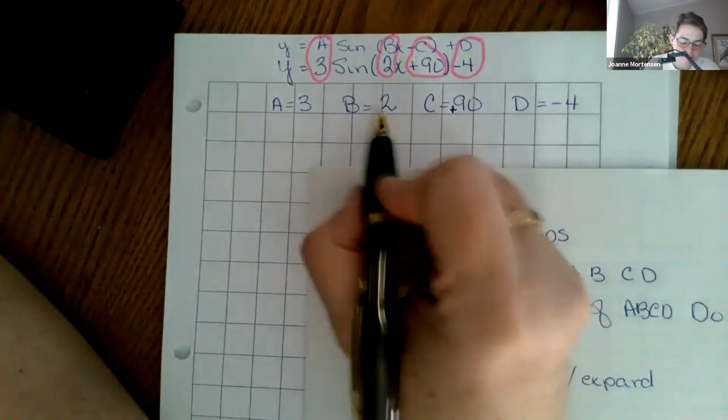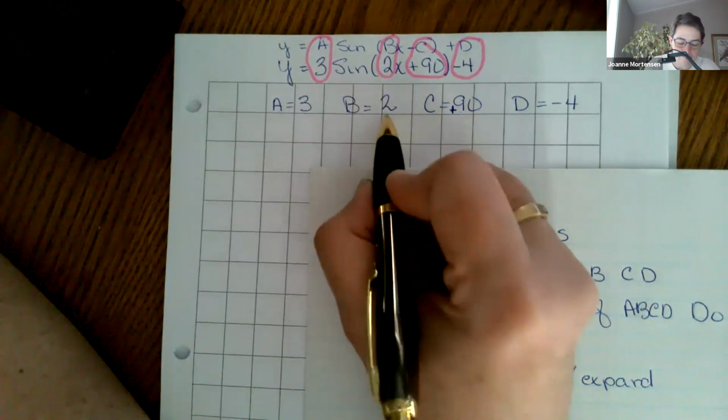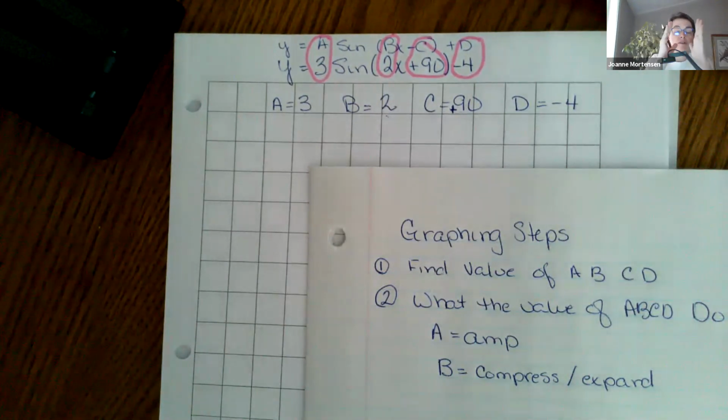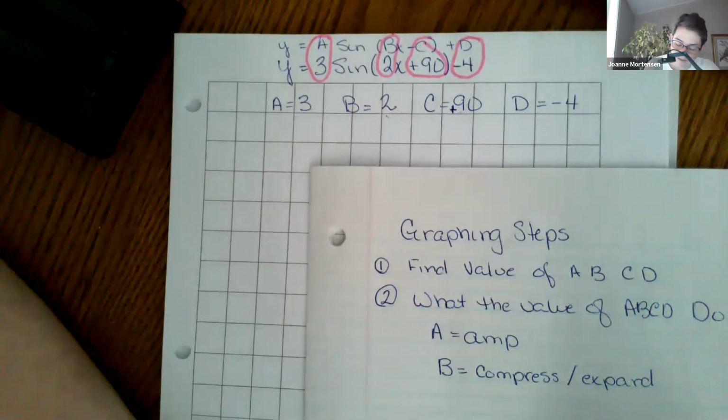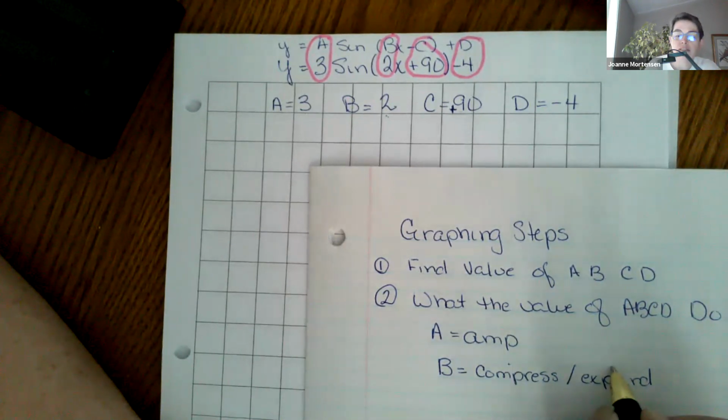And I know if B is 2, it's actually going to be a little bit squishy. So it's going to end before 360. You don't have to, well, you can remember that, but you just need to know it's going to be shorter than you expect. So if B is bigger than 1, it's shorter. If B is less than 1, it's longer.